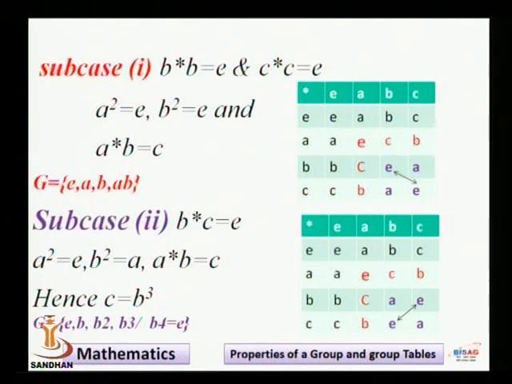So we got two different groups. If we have 4 elements, the first group G, which is E, A, B, and AB, is known as the Klein V4 group. And the second group, that is E, B, B square, and B cube, is similar to the group Z4 under addition modulo 4.